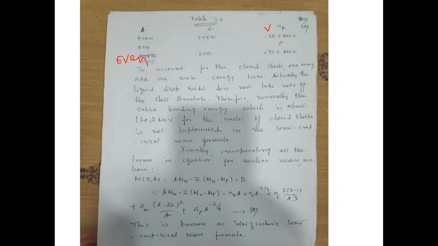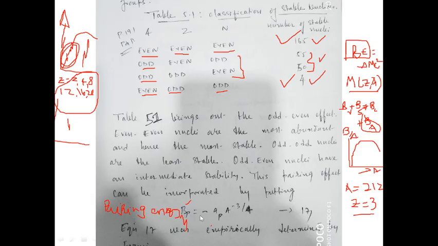A is odd, so whether it is odd-even or even-odd, the value is 0. And when A is even and Z is odd, that is the odd-odd case, the pairing energy term has been taken as plus 33.5. So if you consider the expression here, plus 33.5 means this will reduce the binding energy.